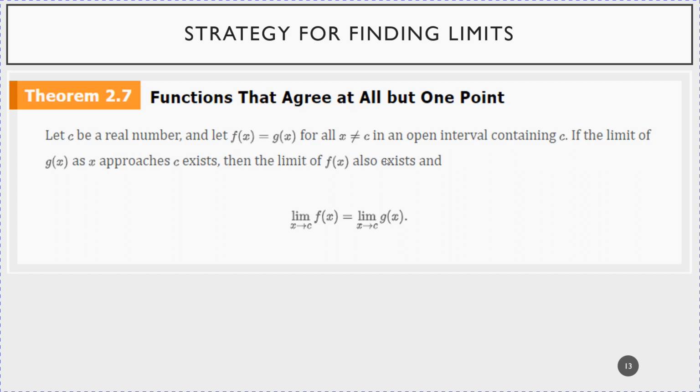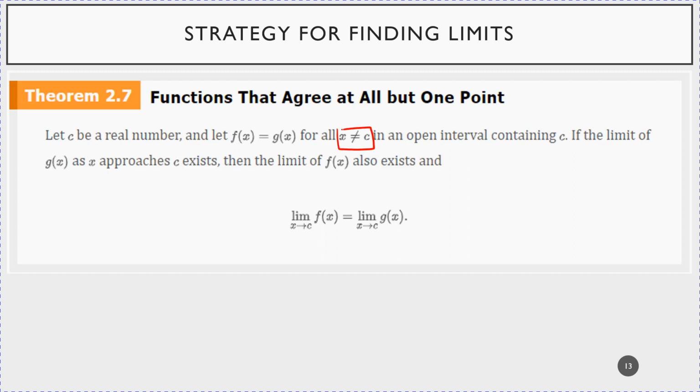Okay, so let c be a real number. And let these two functions, f of x and g of x, be equal to each other for all x except specifically when x is equal to c, on some open interval containing c. So everywhere except at c, they're equal to each other, but at c, they're just not.